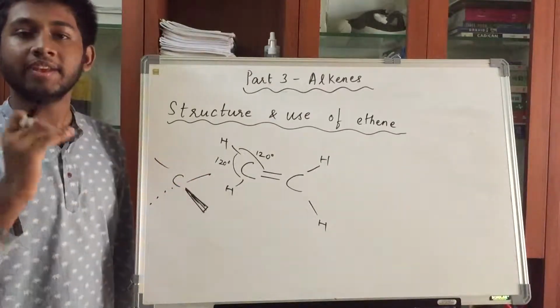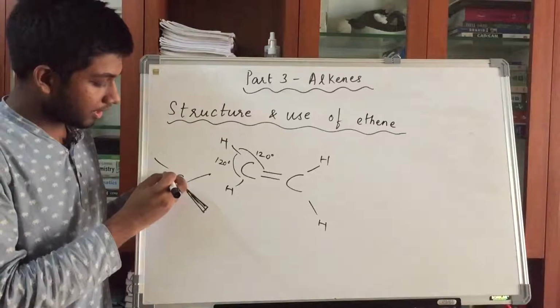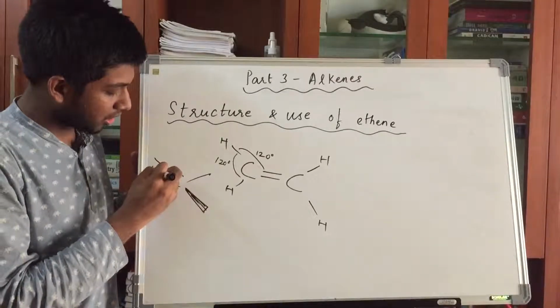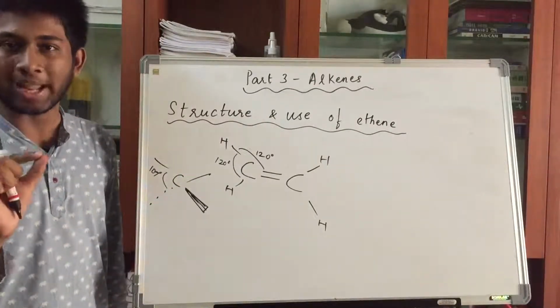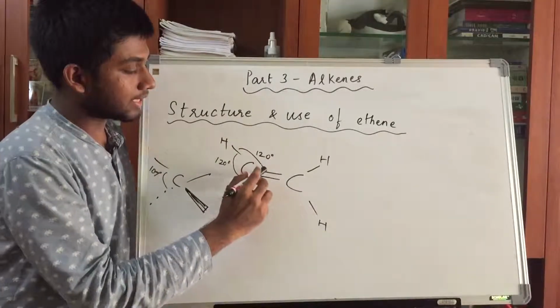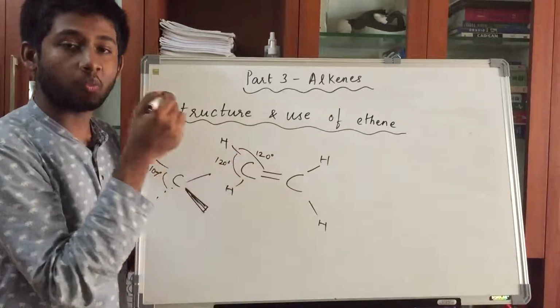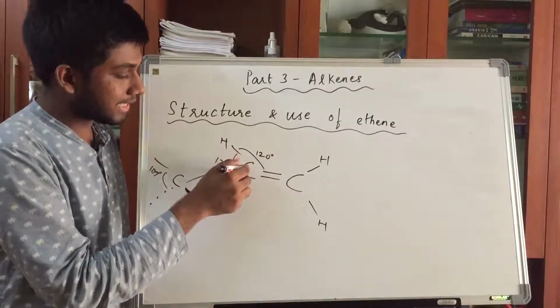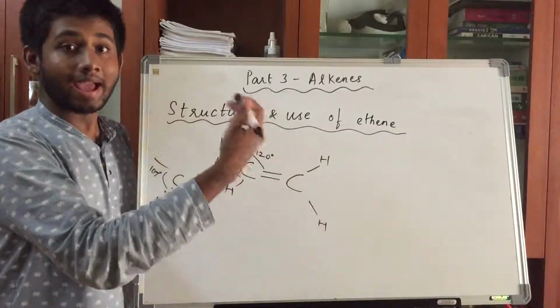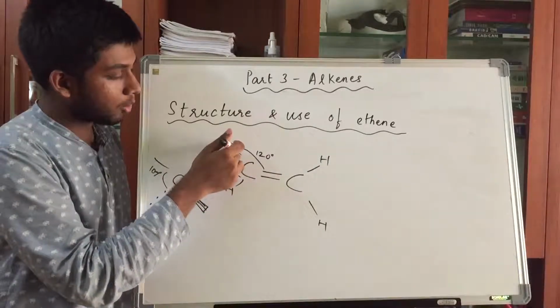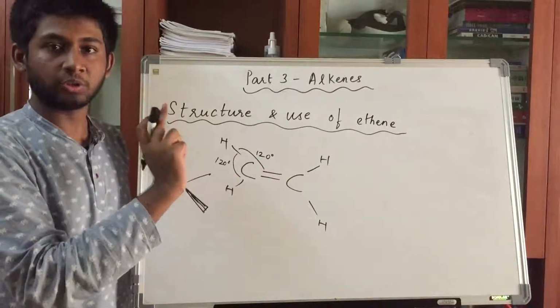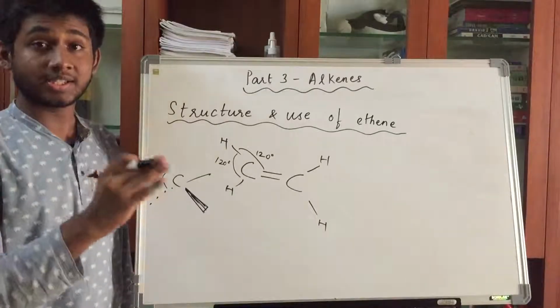Here you will see the bond angle is 109 degrees, which is again an approximate value. But when you consider this, there is a double bond and there is a single bond here, and then there is supposed to be an angle of 120 degrees with C, H and double bond C, as well as C double bond H and double bond H here. So they are totally 120 degrees. So this is it about the structure.